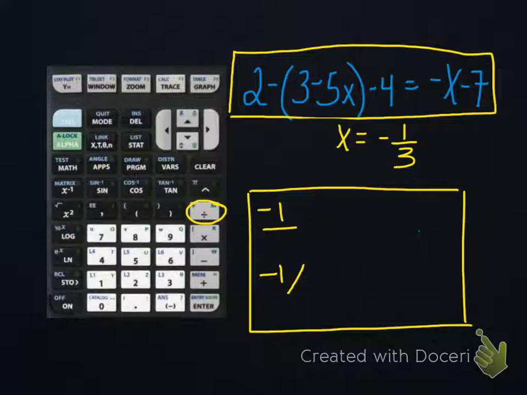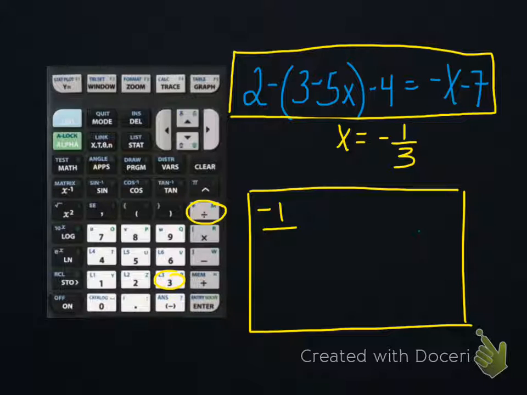Mine is the upgraded one, so I have the fraction bar, whereas some of the old school calculators will just show the slanting bar. It doesn't matter. It's all the same. To the calculator, it just means divide. So we will type in -1 divided by 3.